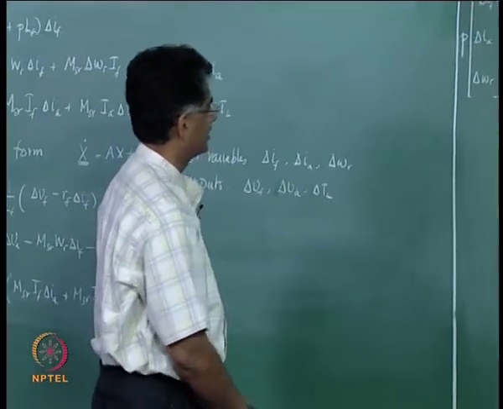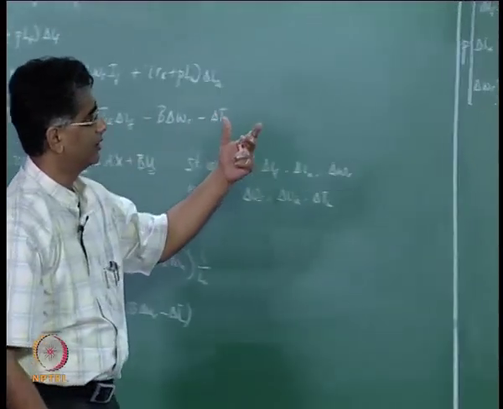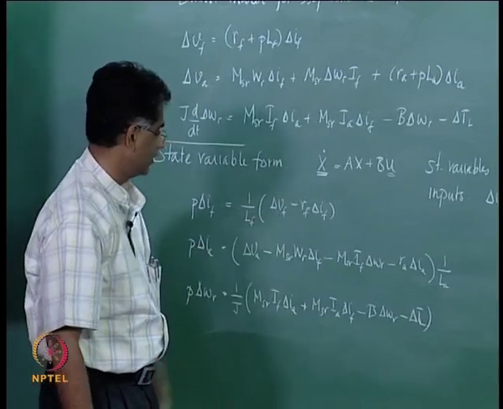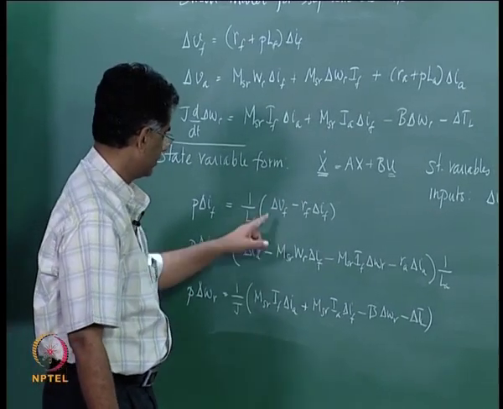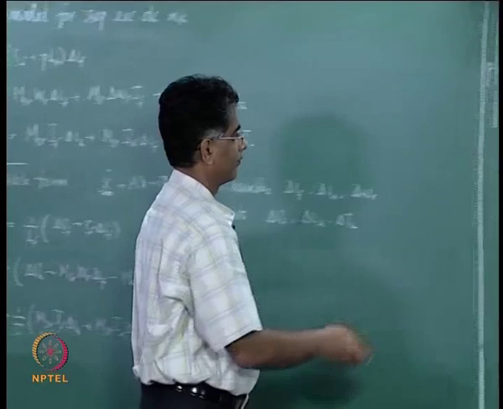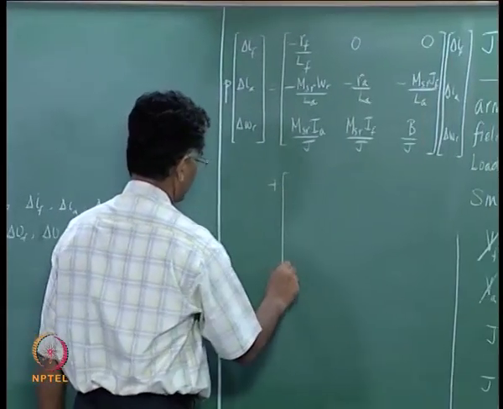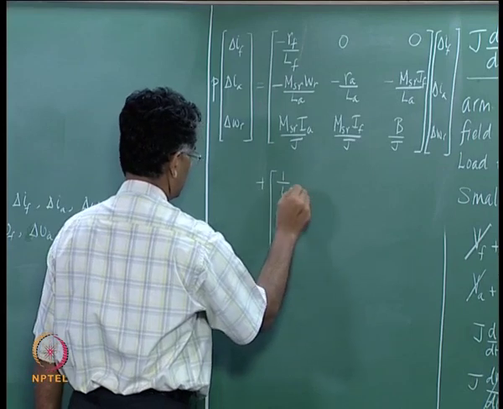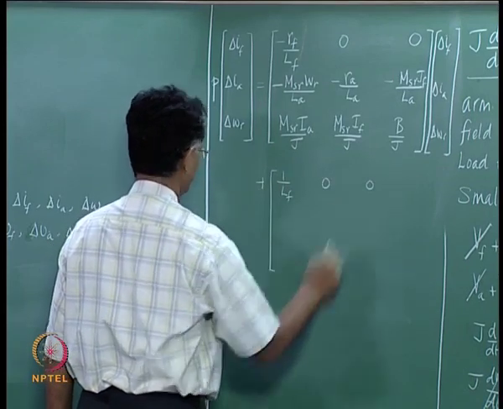The B matrix can be identified by looking at those expressions relating to Vf, Va and delta TL. The first term is here: you have 1 over Lf, and it does not depend on the other inputs.